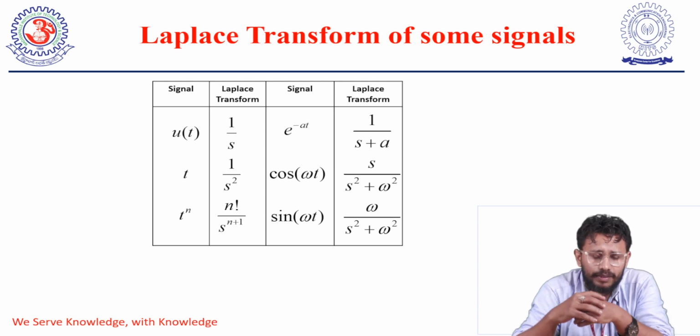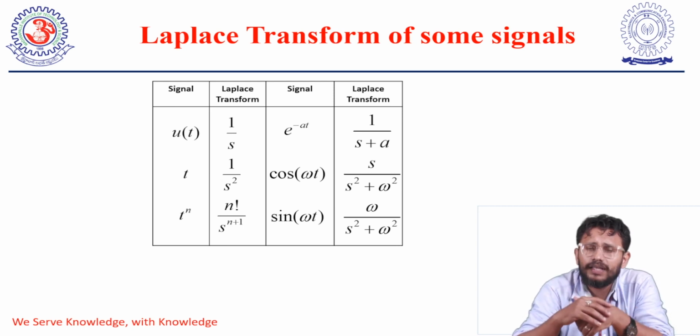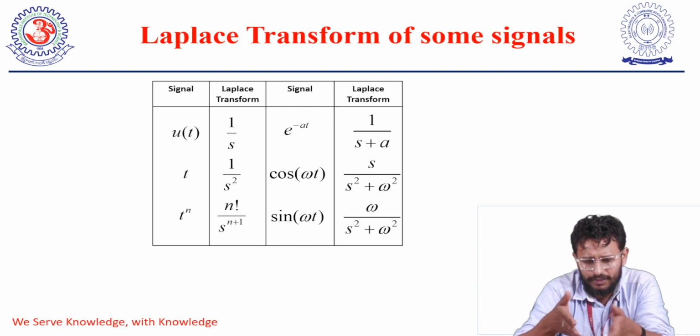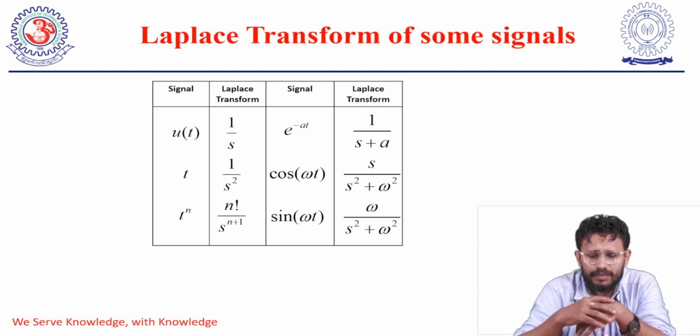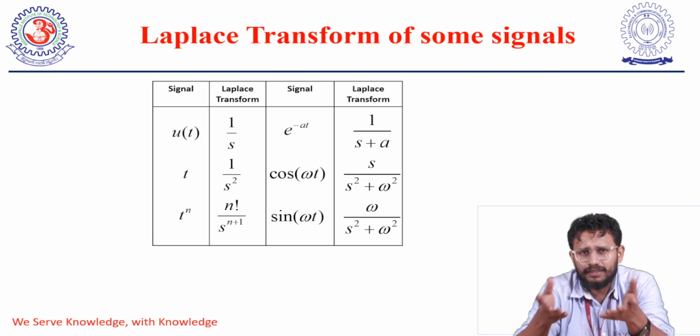You can take time and use the integral form of the Laplace transformation, apply these particular signals as inputs, and obtain the respective Laplace transformed nature of the time domain signal that you have given.